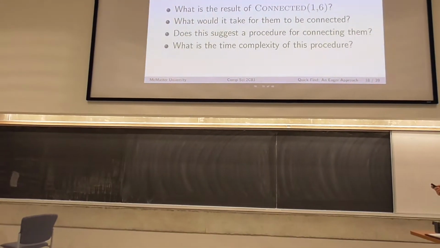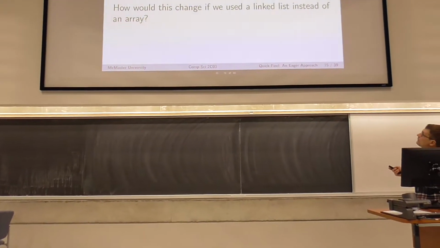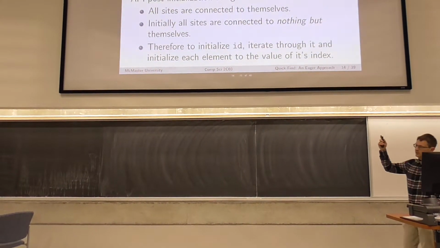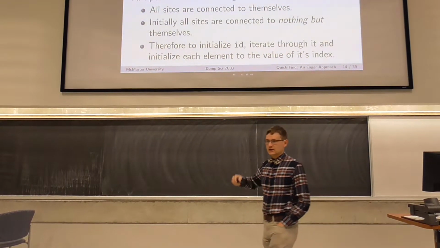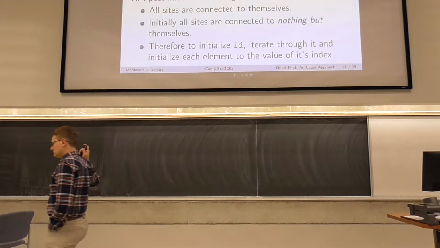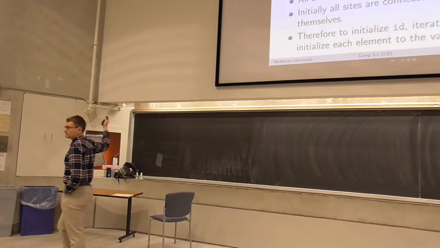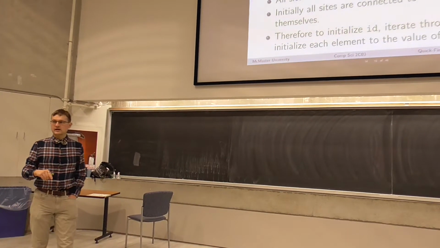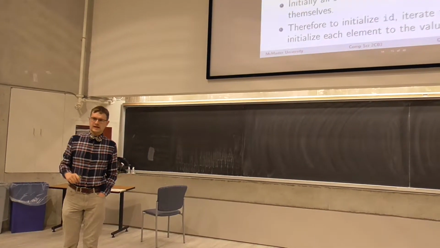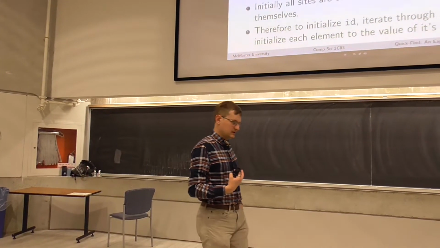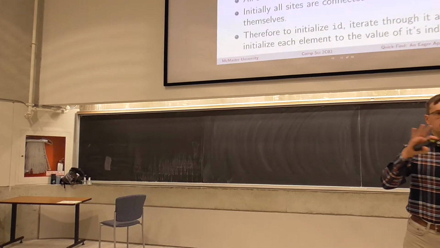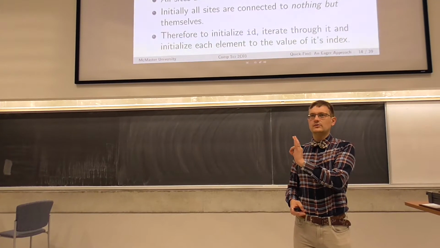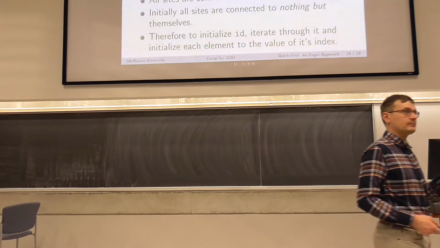So, very quickly recapping. In order to do quick find, you store one array of identification numbers. The keys of this data structure are the site IDs in the network. The values in this data structure are component IDs. This works very well because you always start these networks off with no connections made, and the only way to add connections is through the union operation.